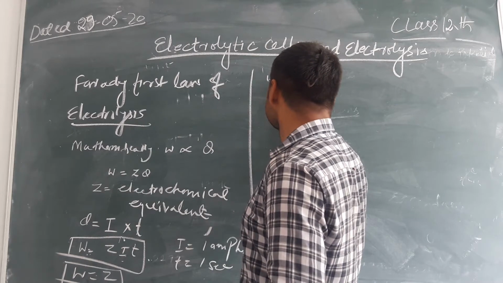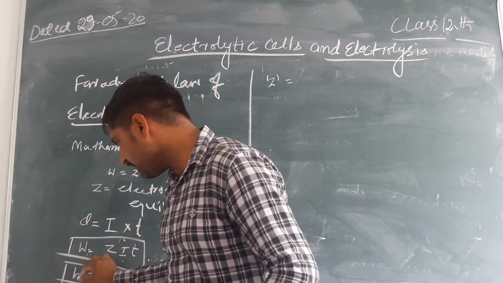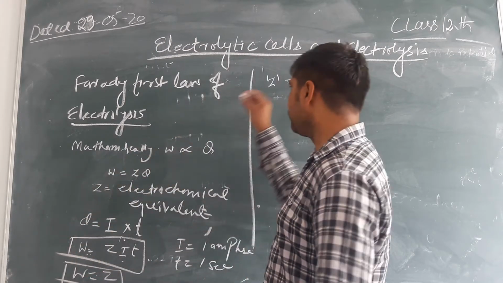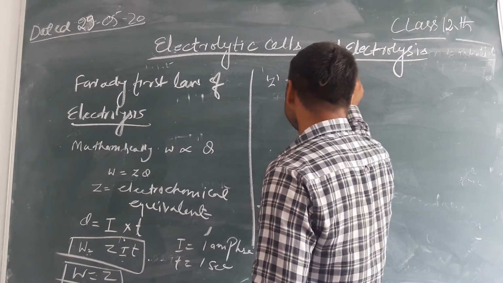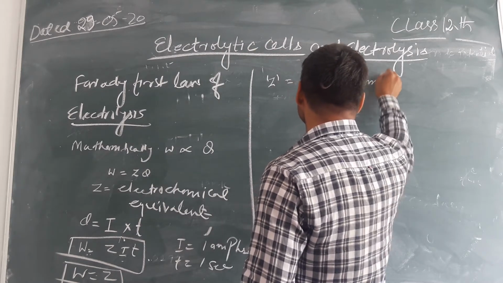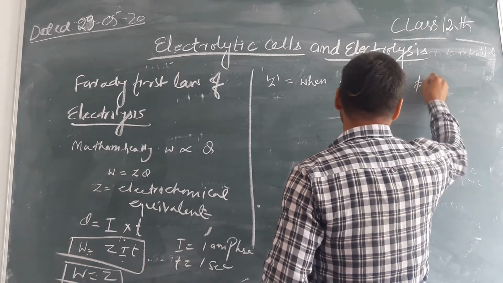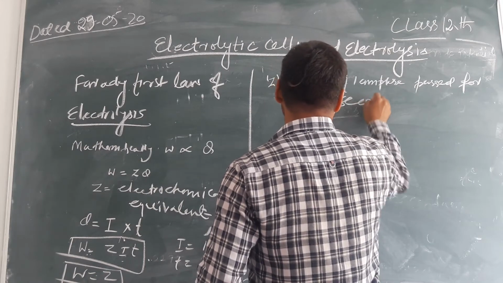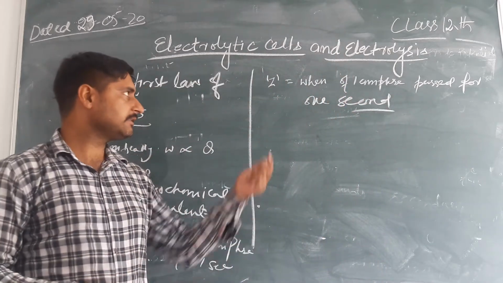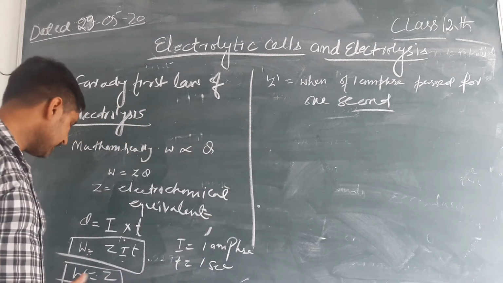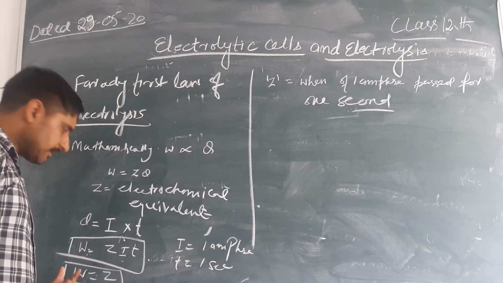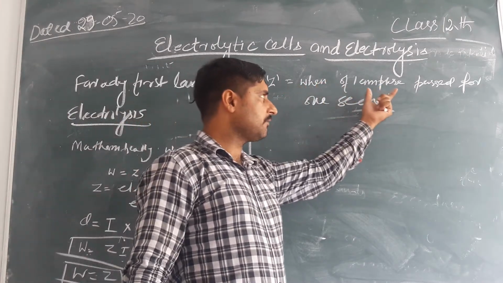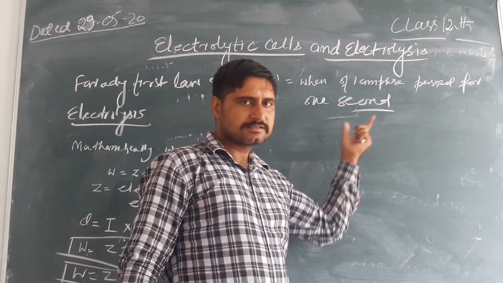It is the amount of electrolyte or substance dissolved or liberated when a current of 1 ampere is passed for 1 second.